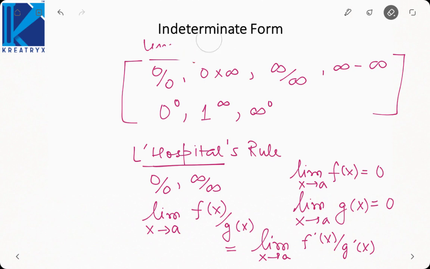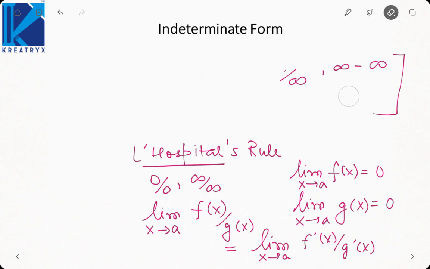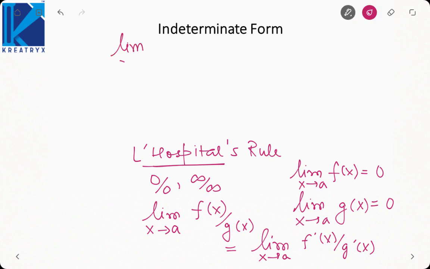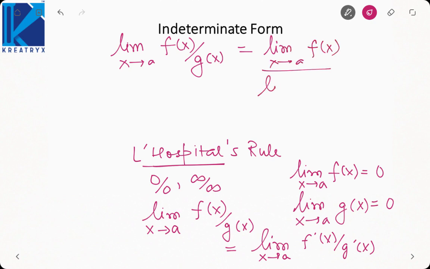Remember, whenever you are seeing a rational function, that is the ratio of two functions, then you can divide the limit between those functions. That is, limit x tending to a of f(x) by g(x) can also be written as limit x tending to a of f(x) by limit x tending to a of g(x).